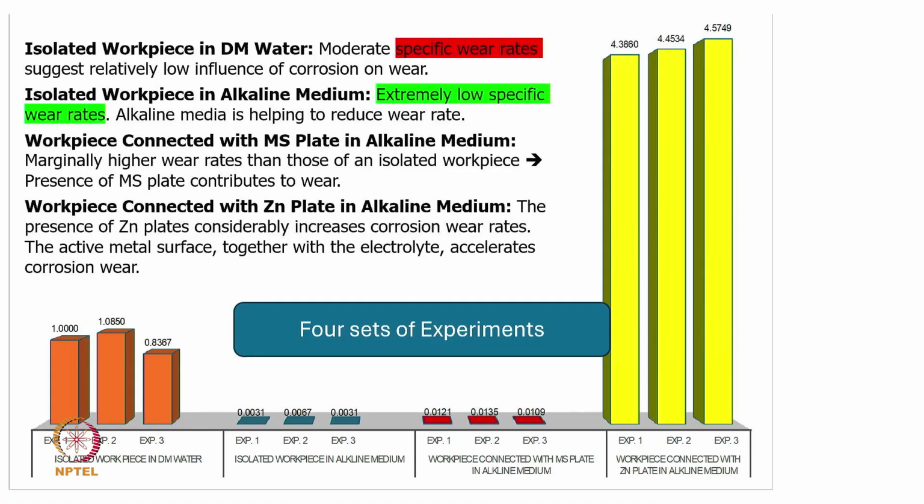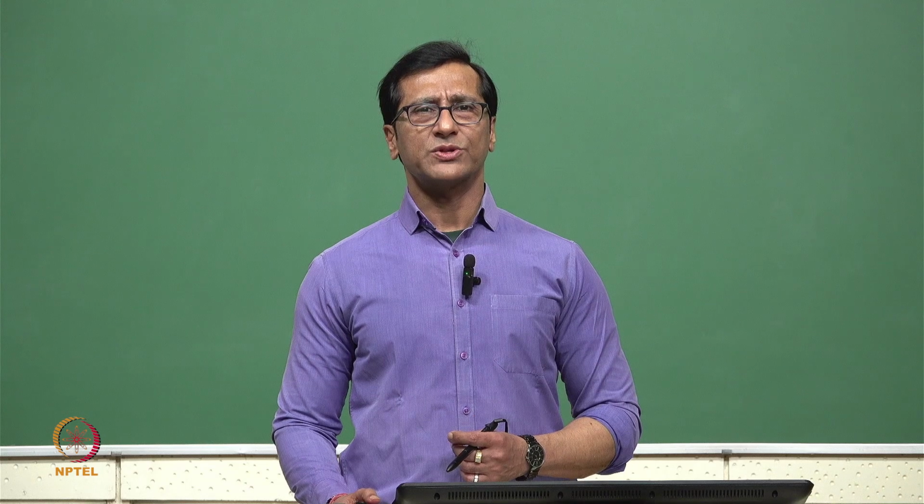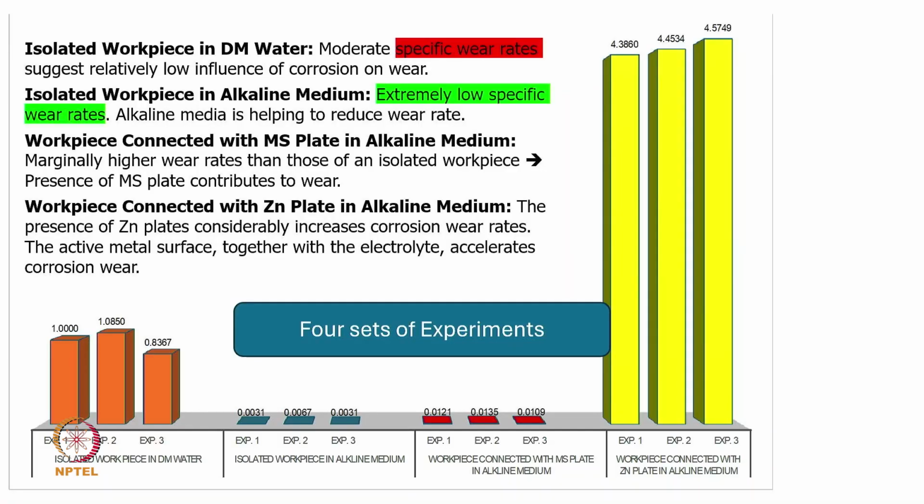Just to give some comparison, we did some experiments in our lab. We performed experiments on a steel surface and a phosphorus surface, and we did 3 experiments, a total of 4 sets of experiments shown over here. One of the MTech students did this work.